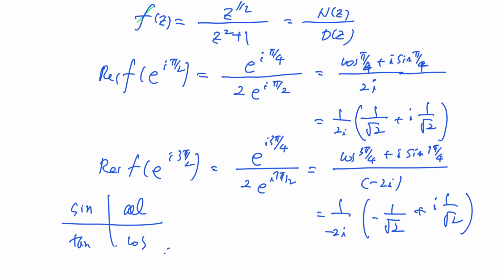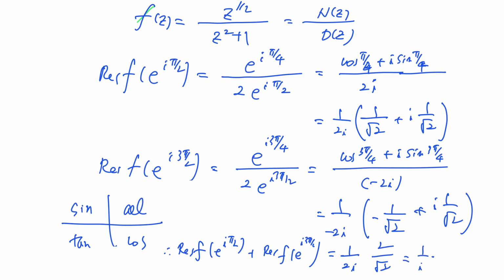So the residue of f at e to the i pi over 2 plus the residue of f at e to the i 3 pi over 2 is actually 1 over i square root of 2.